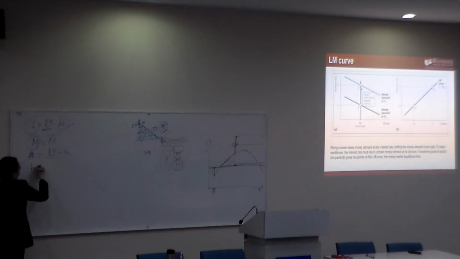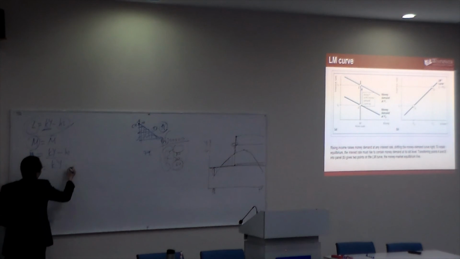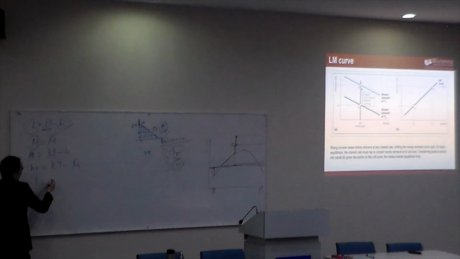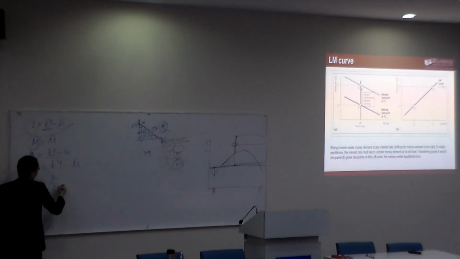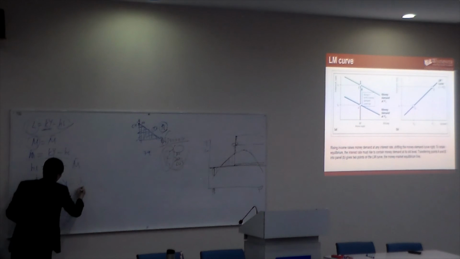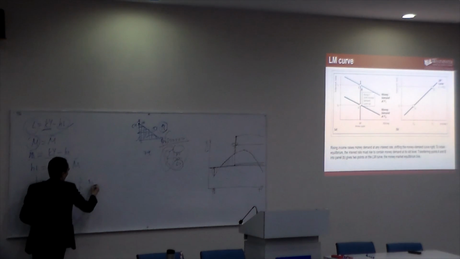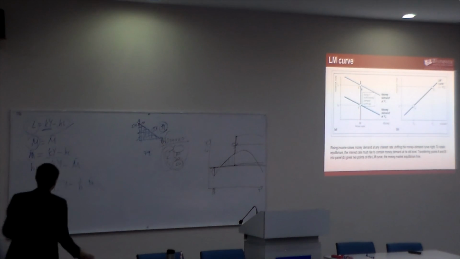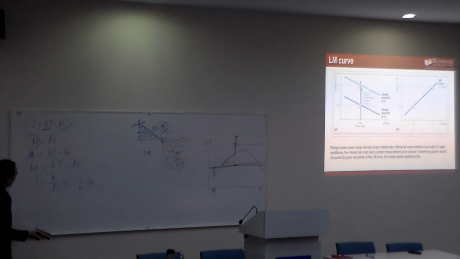So M over P equals k y minus h r, and our interest rate is equal to k over h times y minus 1 over h times M over P. This way we can derive it.